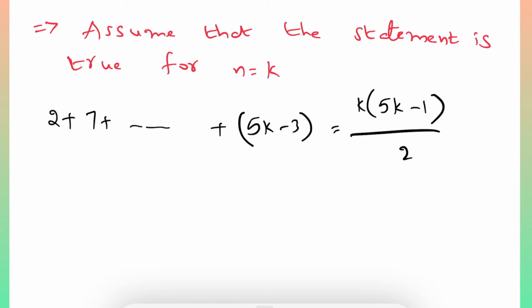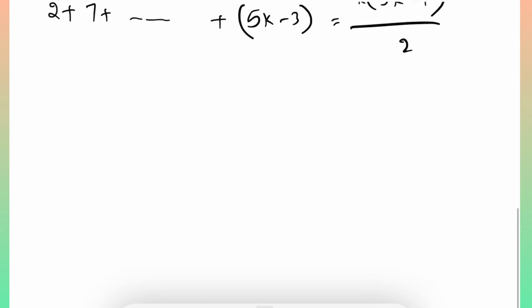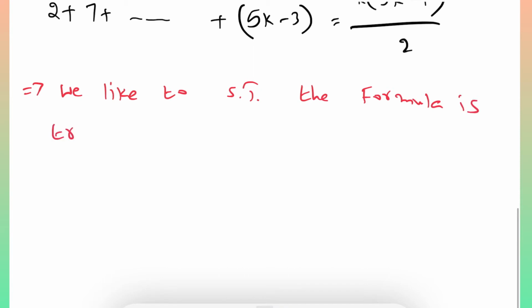Now by using this second step we will solve the third step. In the third step we would like to show that the formula or statement is true for n equals k + 1.